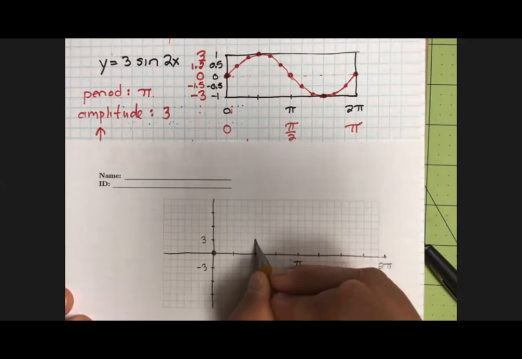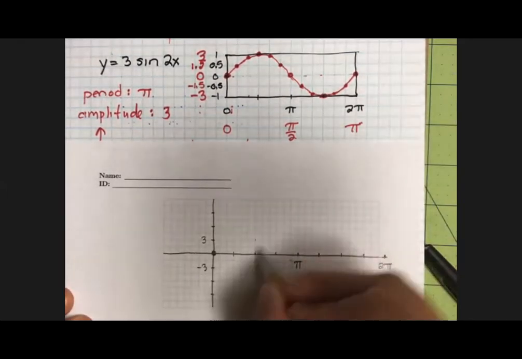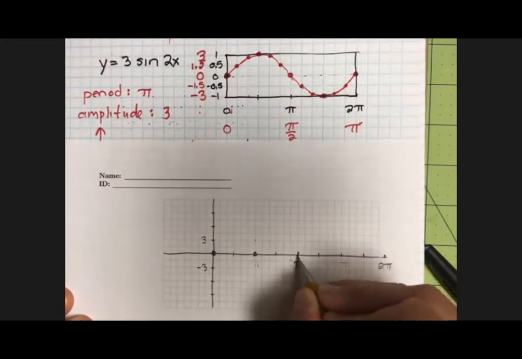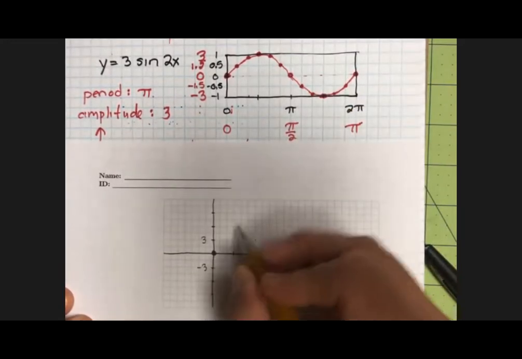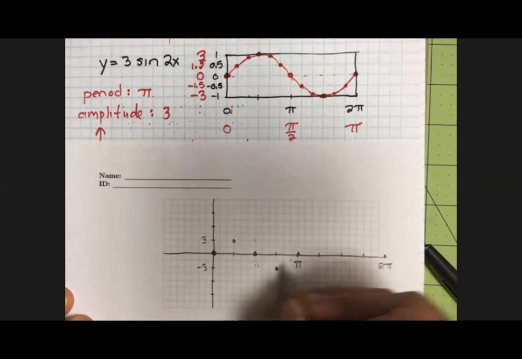0. Pi over 2, back to 0. 1 full pi, back to 0. In between the two middles is high. In between those two middles is low.